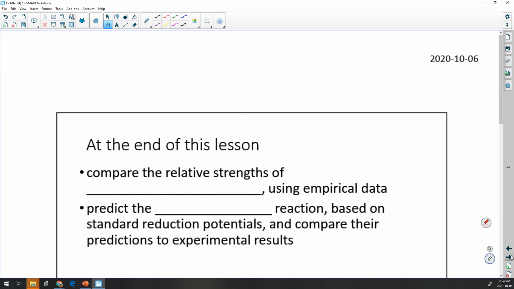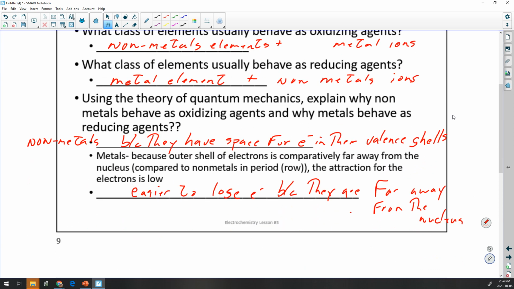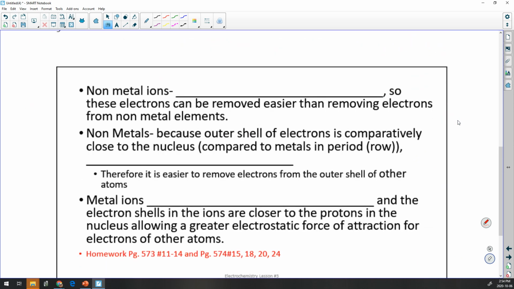And what the heck happened there? I don't know what happened. Non-metal ions have more electrons than protons. Being lazy, I'm writing e negative for electrons and p plus for protons. Because they have more electrons than protons, these electrons are held a little more loosely than, let's say, the electrons in chlorine gas. Chloride ion holds those electrons a little more loosely, so we can remove them from that.